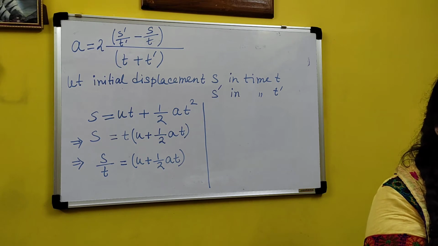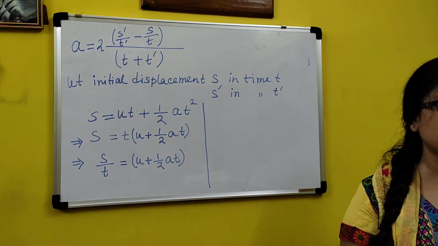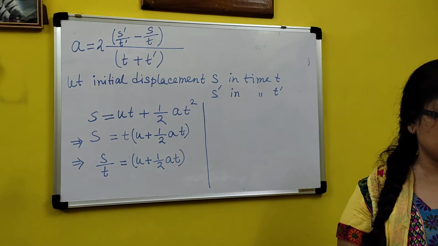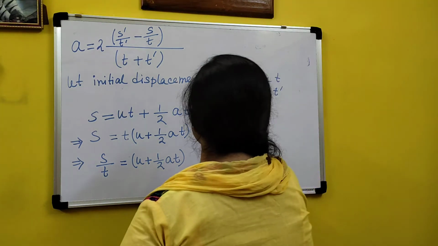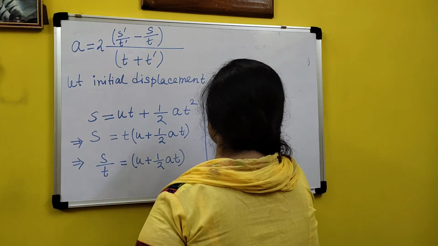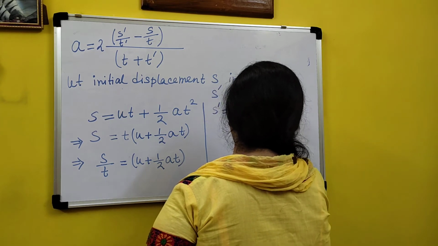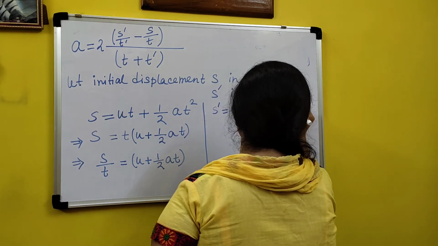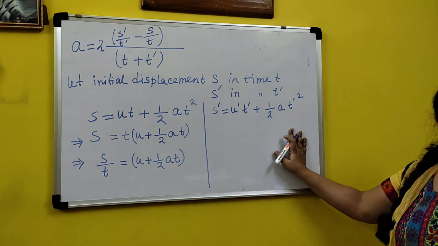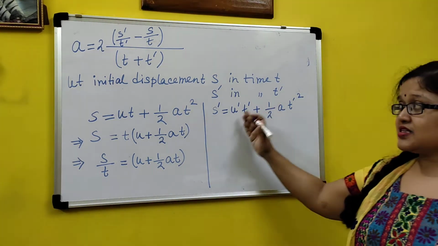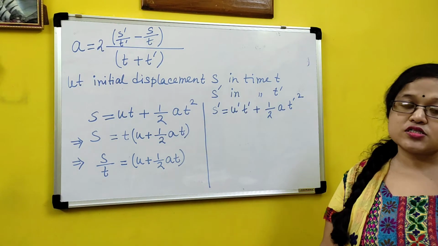Now in the next time interval the displacement is s prime, so s prime will be u prime t prime plus half a t prime square. Am I clear?